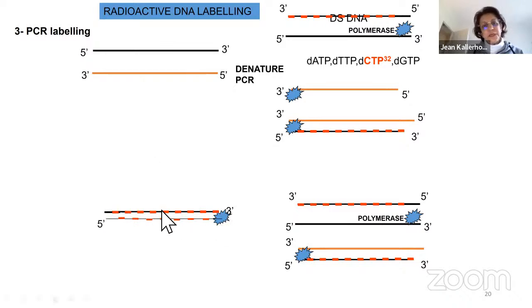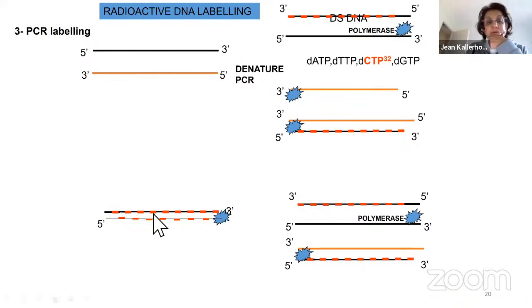You see, everywhere will be labeled. So the thing is exactly the same as the first slide, except that it uses PCR. Therefore, the method is more rapid, and it gives rise to labeled molecules with higher specific activity. Okay?